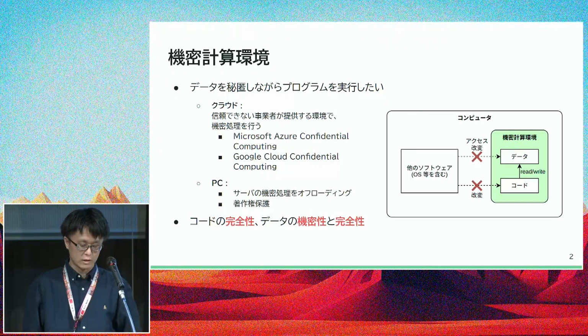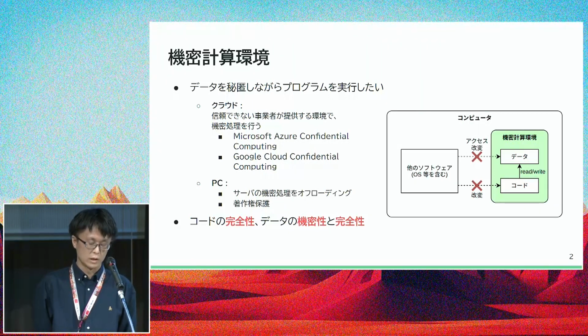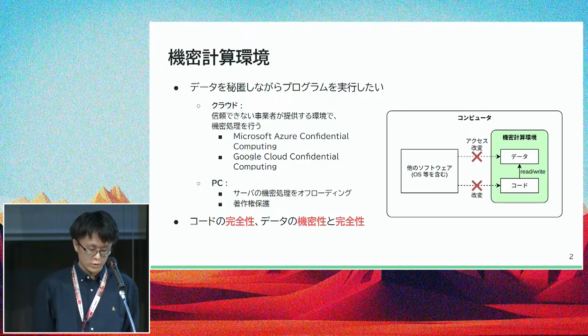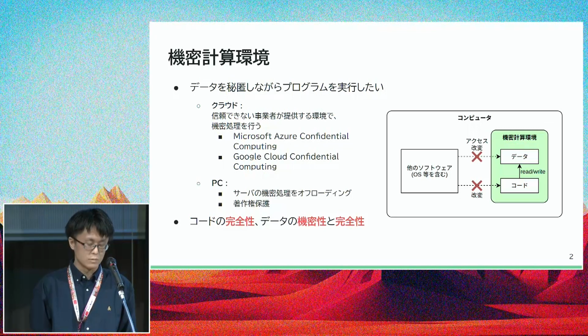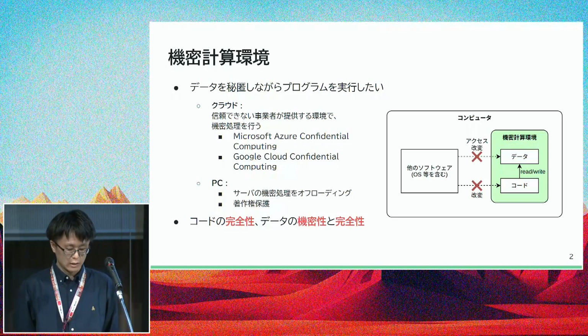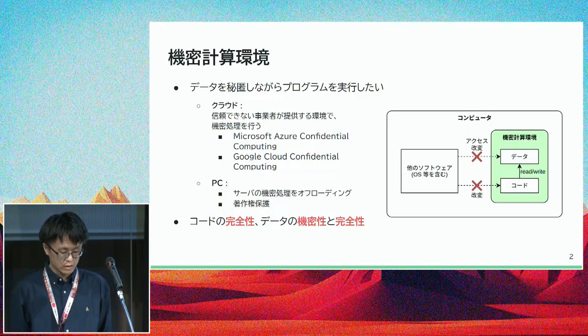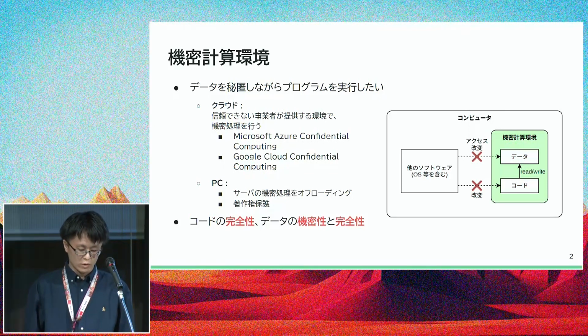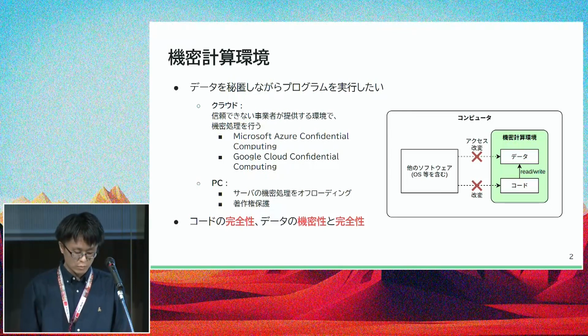In recent times, there is an increasing demand to run programs while collecting data. For example, Microsoft Azure and Google Cloud are cloud services. Users actually do not trust the providers, but they can still execute a confidential computing system.